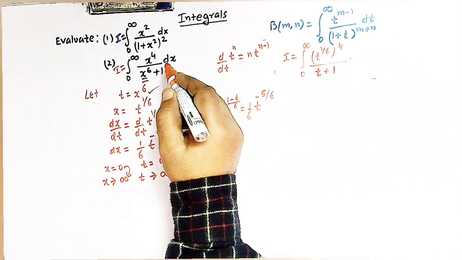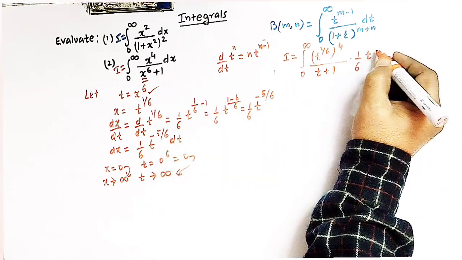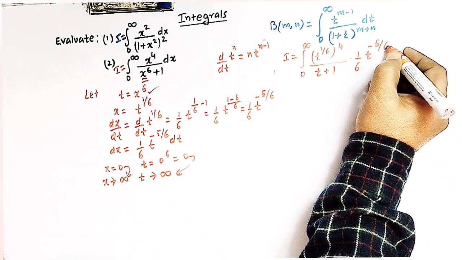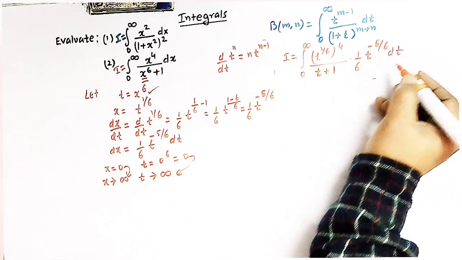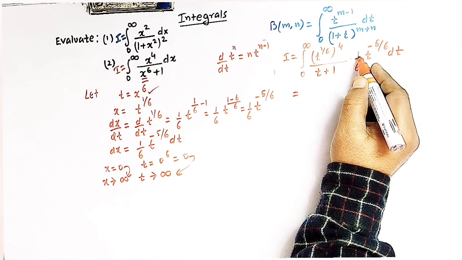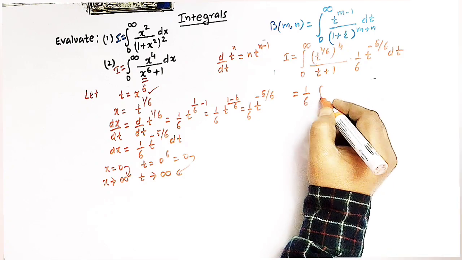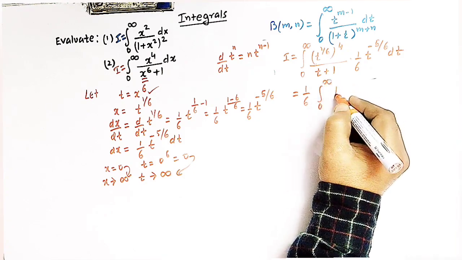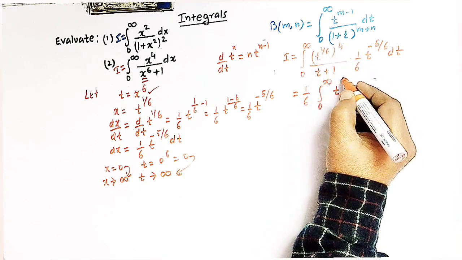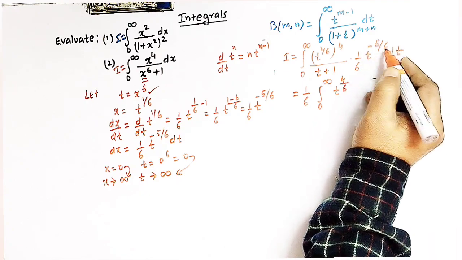And for dx we can write 1 over 6 and t raised to minus 5 over 6, and here we have dt. So now let us rearrange the terms, and taking 1 over 6 outside the integral, so we have 1 over 6, 0 to infinity, and here we have 4 over 6, right? And here we have t raised to minus 5 over 6.